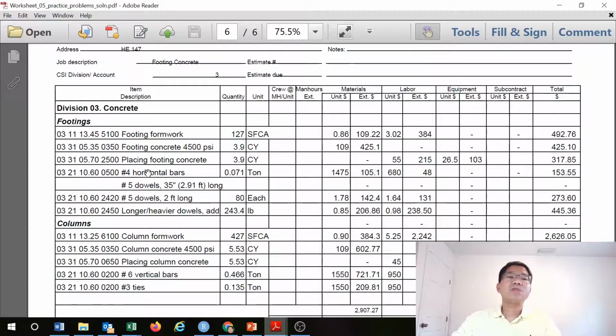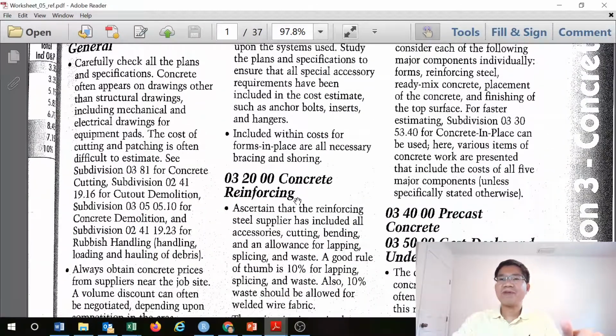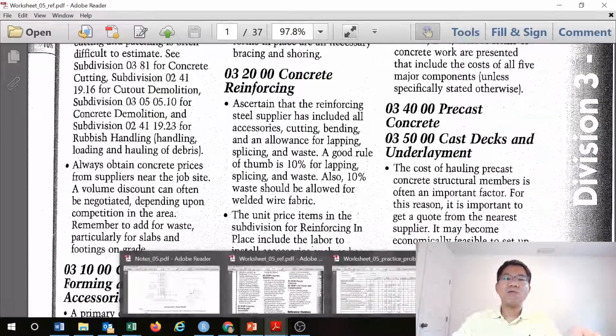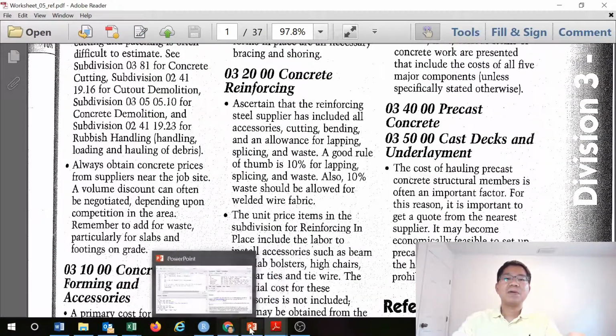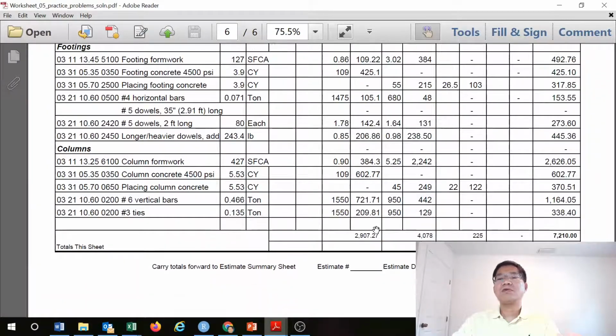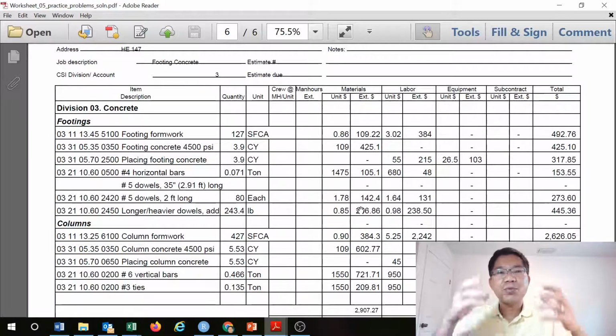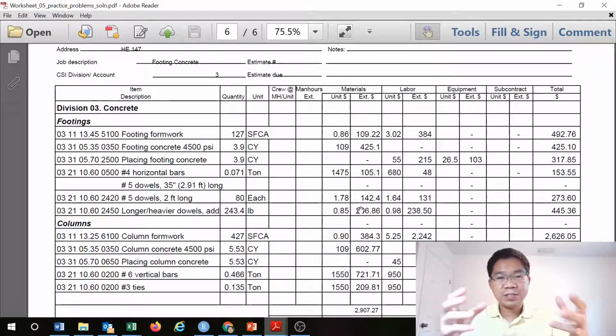Put the quantities we determined above in the columns, and then go to the Division 3 reference, which is the worksheet 5 reference on Canvas, to go over and fill out the items that are in there, so that you can determine the total cost for this project. So keep that in mind. Please practice, because only practice can help you understand and reinforce the material, regardless of how much you watch the videos.